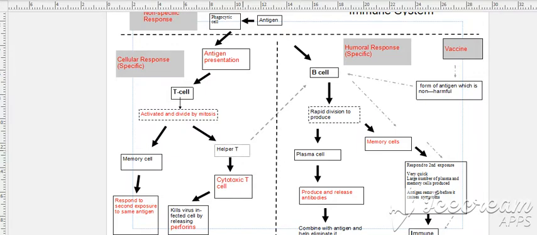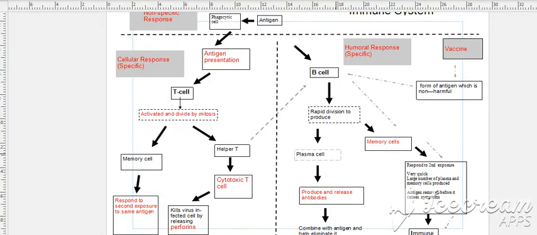The helper T cells can also activate the B cells. So the specific B cell that has a complementary receptor to the antigen could get activated by the specific helper T cell. That B cell will rapidly divide by mitosis. Clonal selection will happen, where it makes lots and lots of copies of itself. They can then become plasma cells.